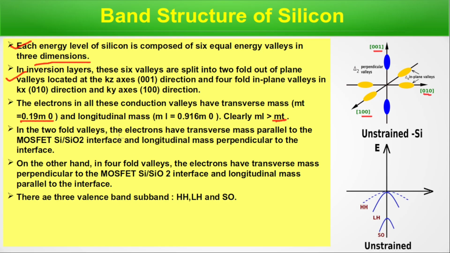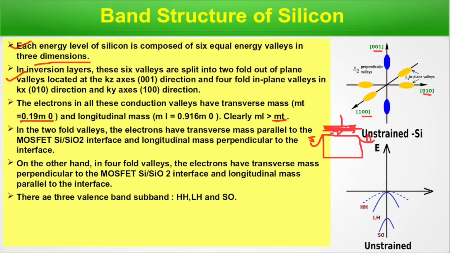Now, in these 2-fold valleys, electrons have transverse mass parallel to the MOSFET silicon dioxide interface and longitudinal mass perpendicular to the interface. So if we draw a cross-sectional view of source, drain, oxide, and this is basically the metal electrode, this area is basically oxide.